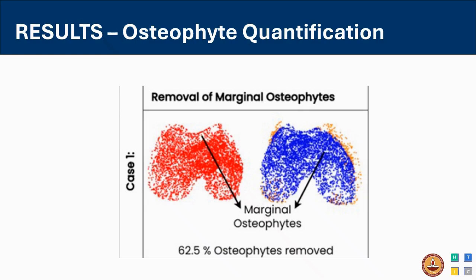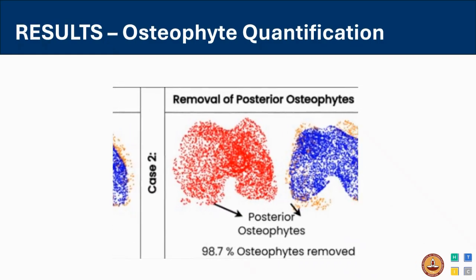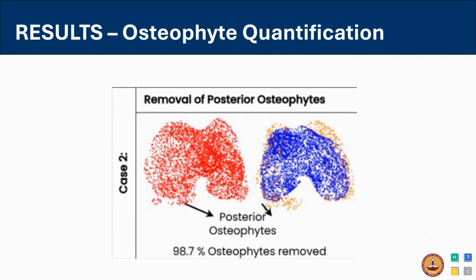Around 62.5% of osteophytes are removed. In case 2, we see that there is a removal of posterior osteophytes, which are particularly in this section. Around 98.7% of osteophytes have been removed.